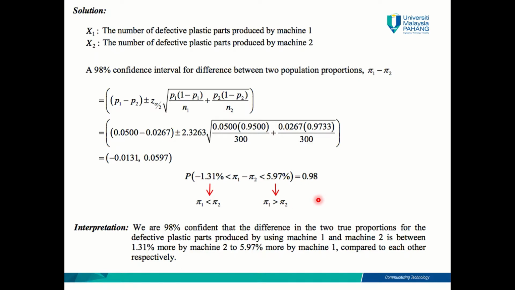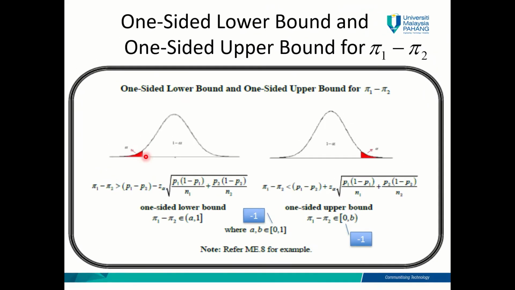Okay, so this is the formula to estimate the differences between two population proportions. And of course, there are also the formula for the one-sided lower bound and one-sided upper bound. And please also make correction for this slide. The differences of the population proportions should be within -1 to 1.